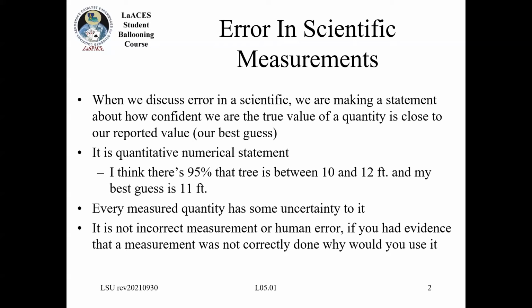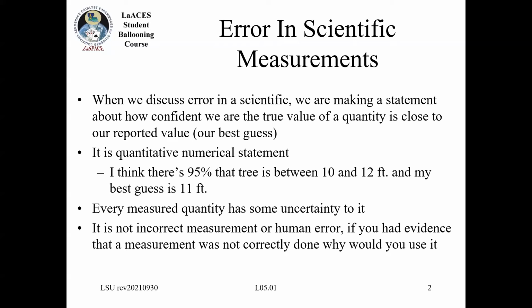Now, when we say error, we don't mean, oh, this is an incorrect measurement. A lot of times, undergraduate students like to just throw in the phrase human error, and then, well, what does that mean? If the value is wrong and you have a reason to suspect it's wrong because you've made a mistake, you shouldn't use it, right?